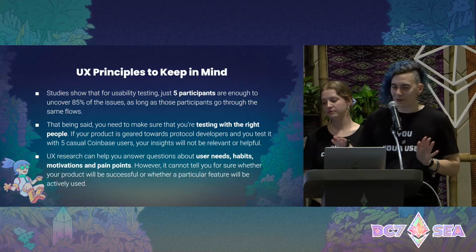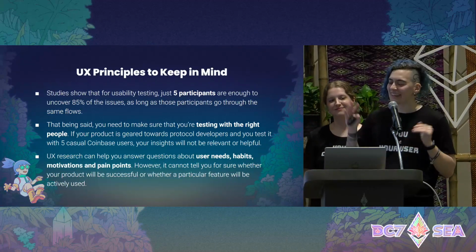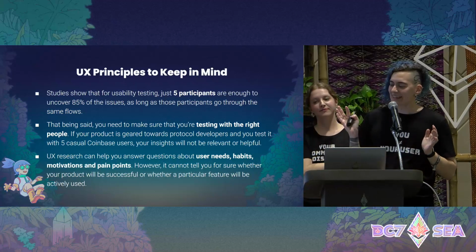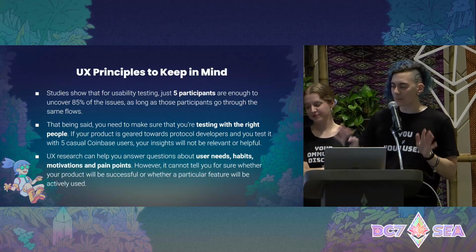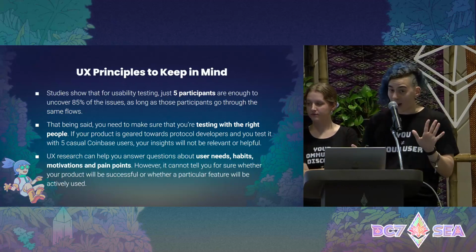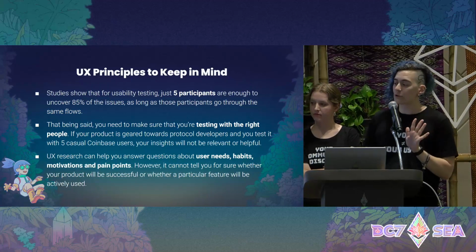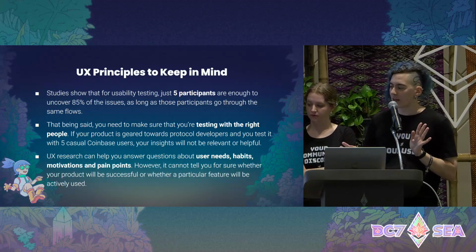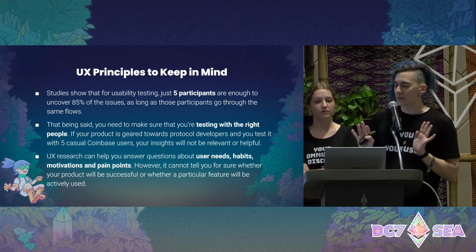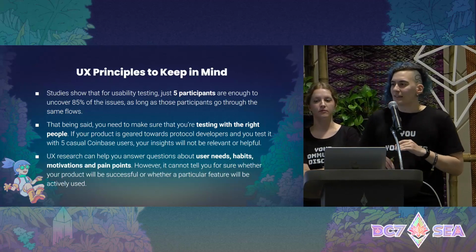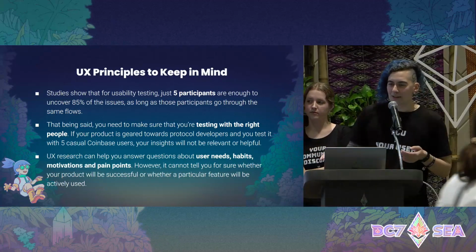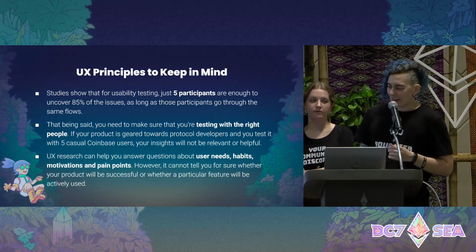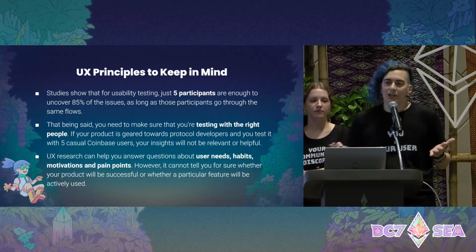So studies show, this is not us saying this, people have looked into this, and the study shows that for usability testing, just 5 participants is enough to uncover about 85% of the issues, as long as those participants go through the same flow. So if you're giving people the app and saying, oh, can you use it for a bit and do something, then no, 5 people aren't enough.